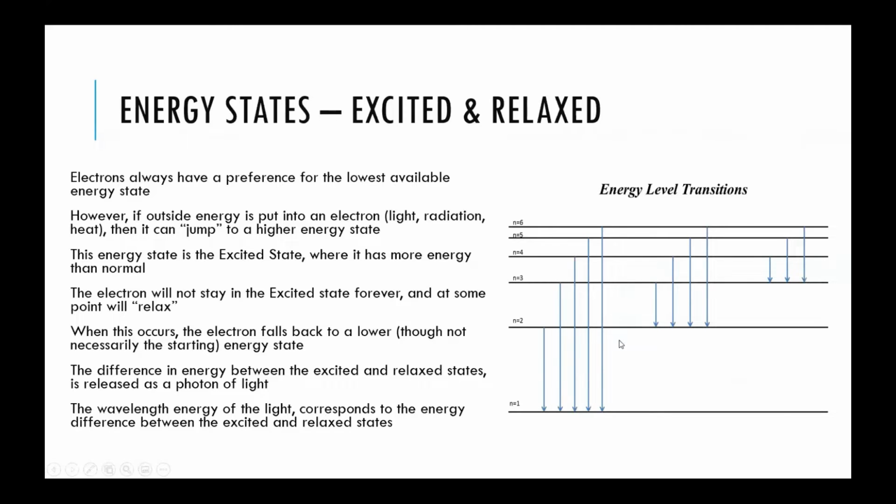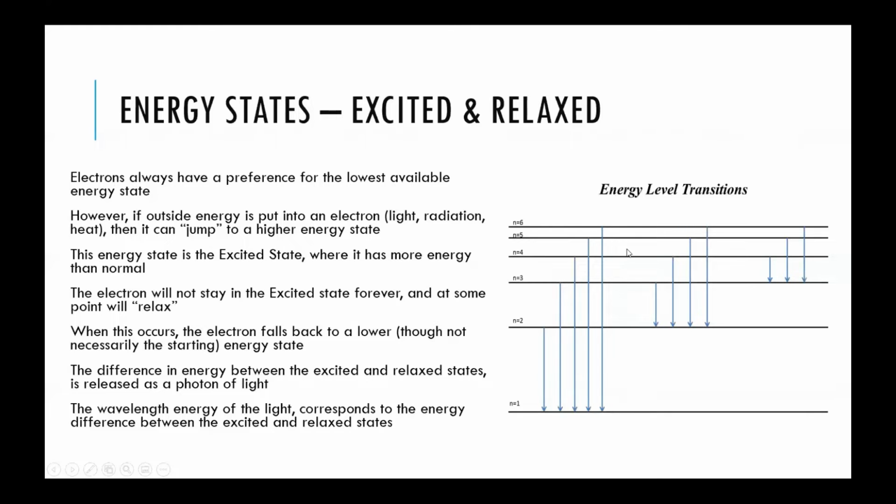It's released as light. So it can either be light that you can see, like the visible region, or it can be light radiation that humans can't really see, like infrared radiation or ultraviolet radiation. And depending on what state the electron is in when it starts and what it relaxes back to, these are quantized energy levels.